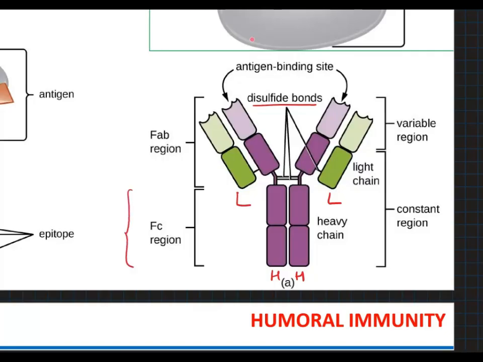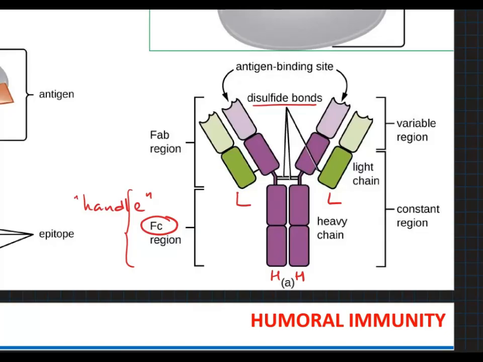So this part, the handle, is called the Fc region. It's pretty much constant. It doesn't change from antibody to antibody. In the term Fc, F stands for fragment, and C can be interpreted as cell.